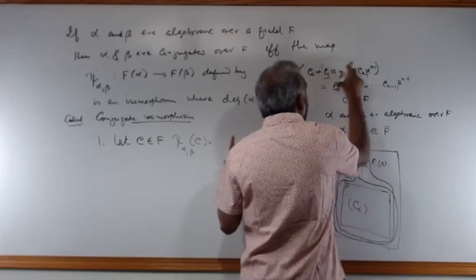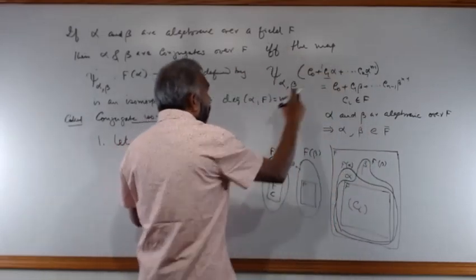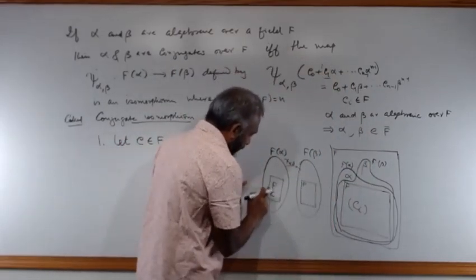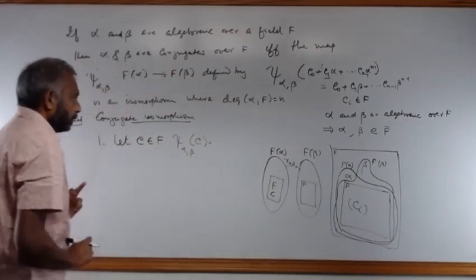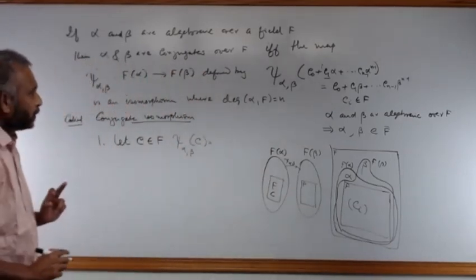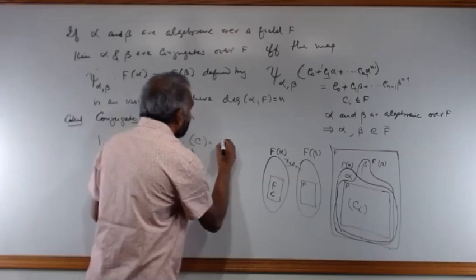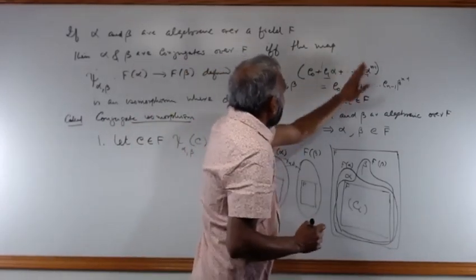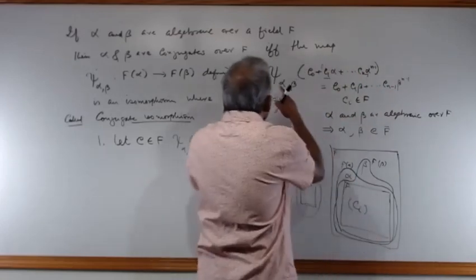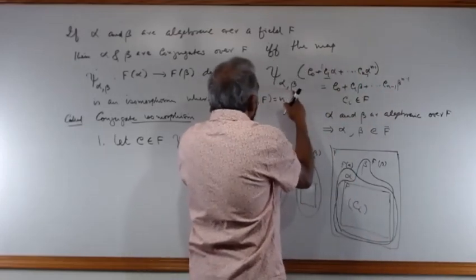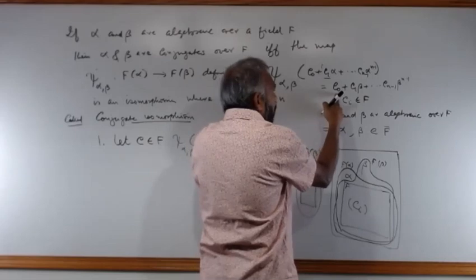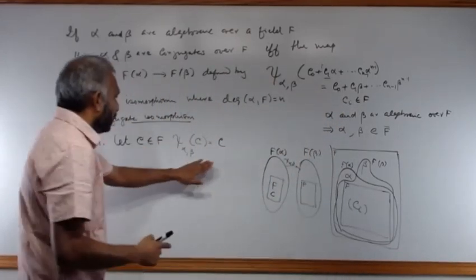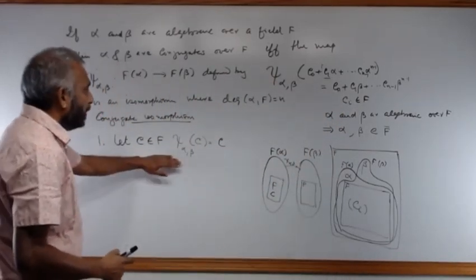There are no alpha terms here, because all the elements are coming from F. So this is going to be C, because psi alpha beta of C0 is equal to C0, and that is exactly what this one is. What does that mean?